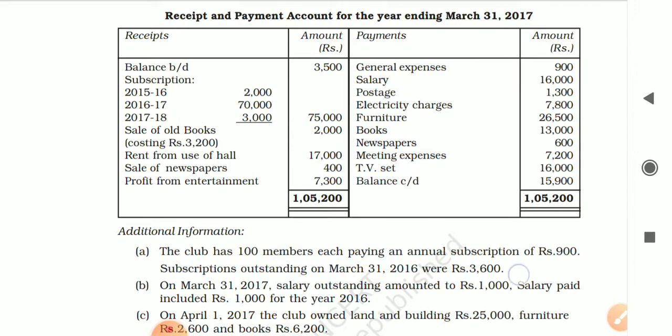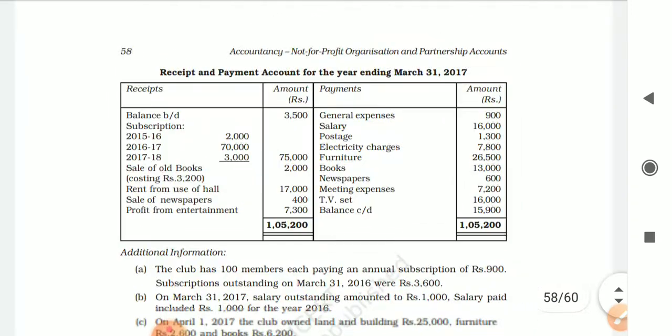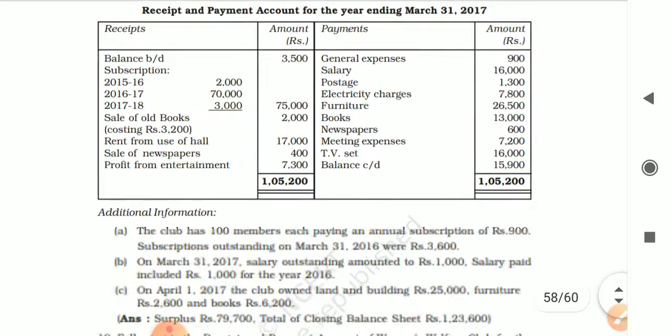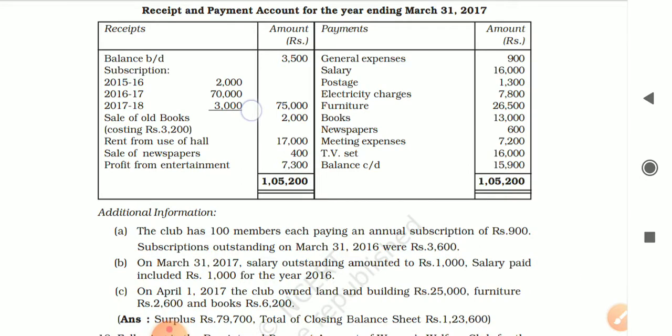This 3,600 will appear in opening balance sheet asset side and 3,600 minus 2,000, 1,600, will appear in the closing balance sheet asset side as subscription outstanding for 2016. This 3,000 advance will appear in the closing balance sheet liability side, subscription received in advance.